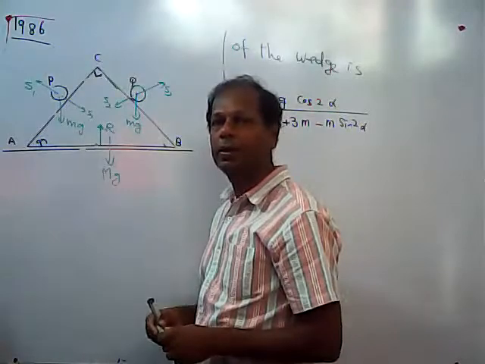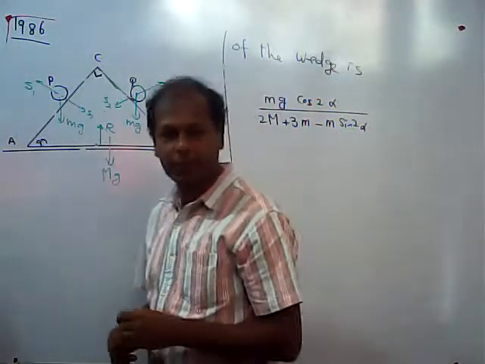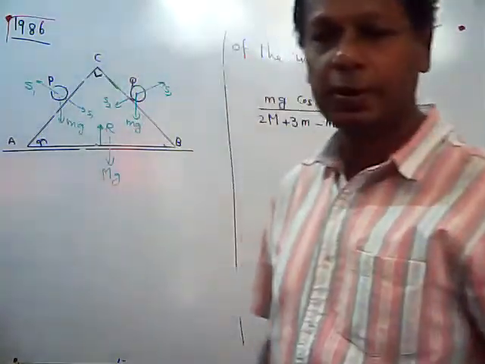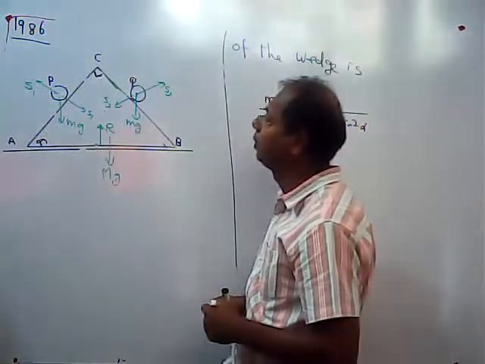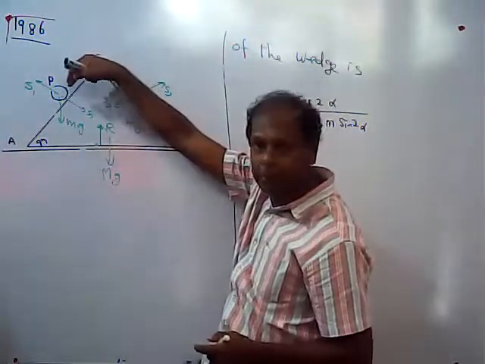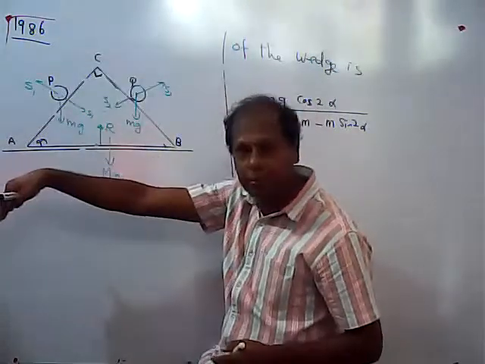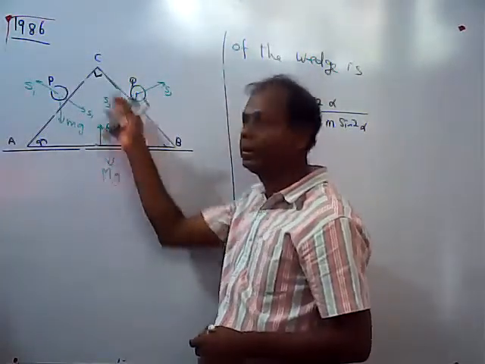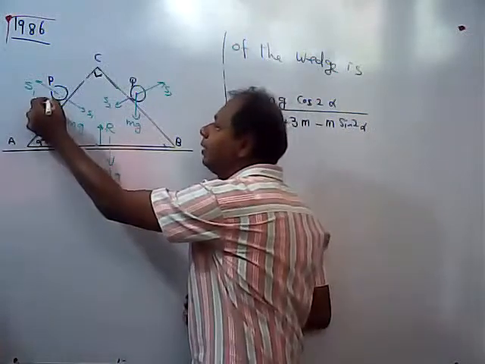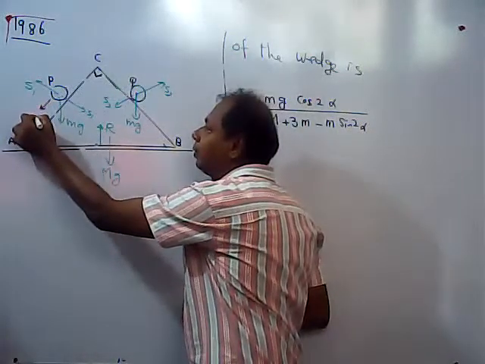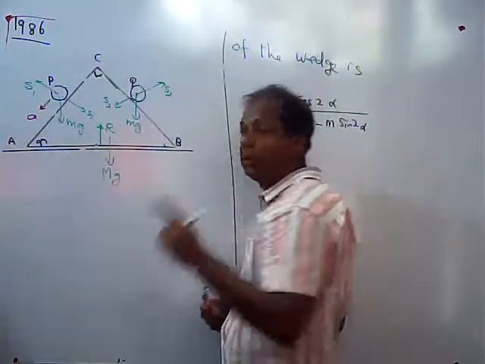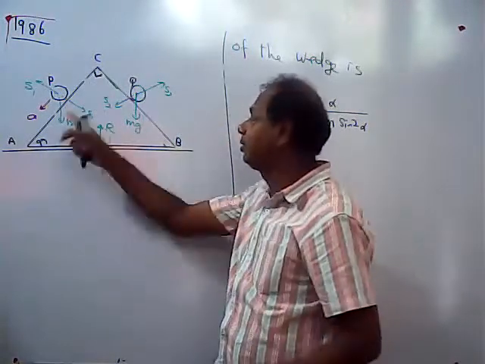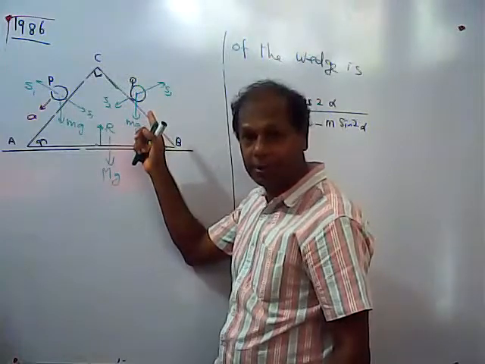Then we'll mark accelerations. This particle P slides down the wedge, say relative to the wedge at some acceleration A. Also note that this system is not symmetric.